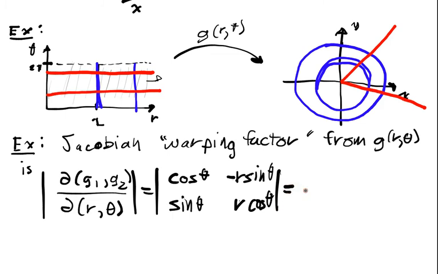And what do we get in the long run from this? Well, we get r cosine squared theta plus r sine squared theta, which will be positive. And of course, cosine squared theta plus sine squared theta is 1, so we just get an r here. That's it.